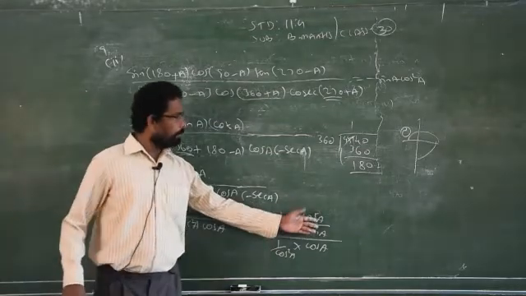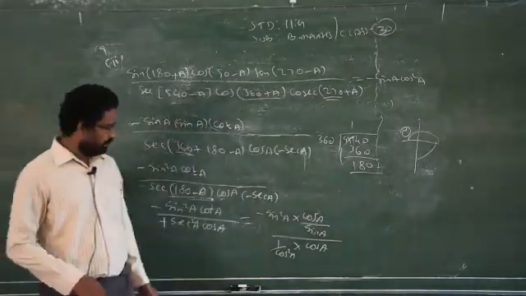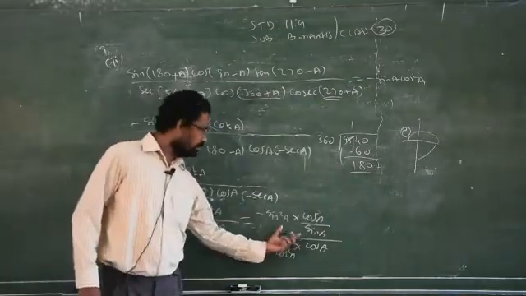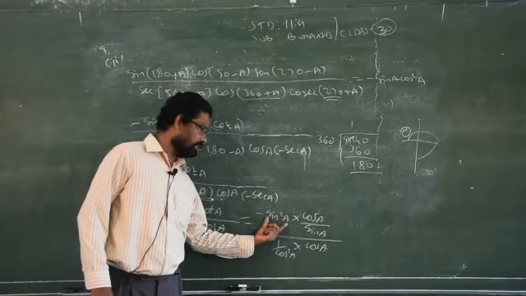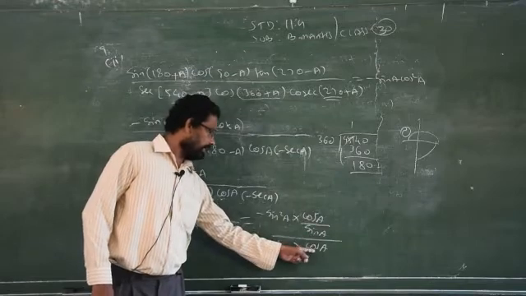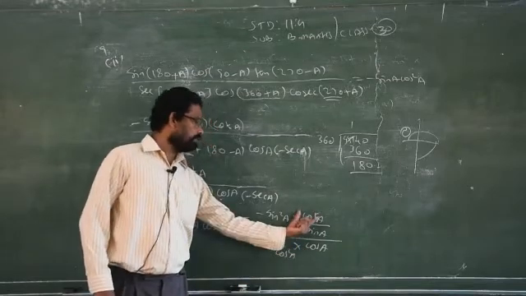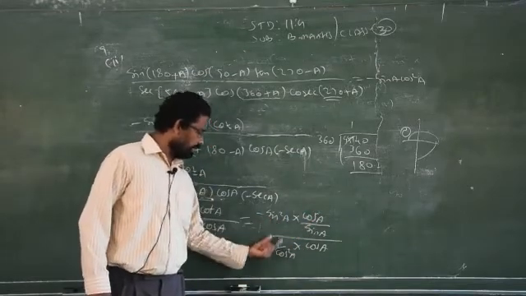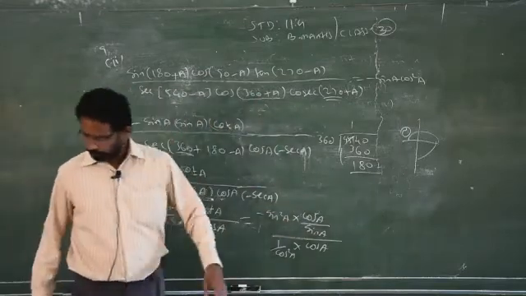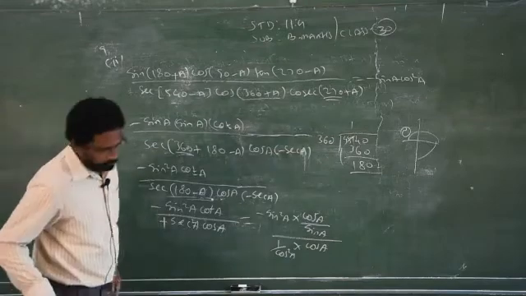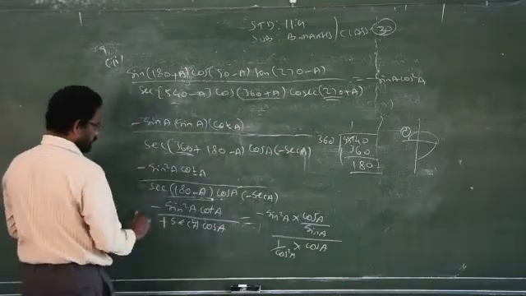If you take the reciprocal, then you will get the required answer. Clear? So this is just ordinary simplification. Cancel one sin A, you will get minus sin A. Cos A gets cancelled. If you take the reciprocal, it becomes the numerator. So you will get minus sin A into cos square A, the required answer. So do these calculations alone. Clear? The last sum, the 10th sum of this exercise.